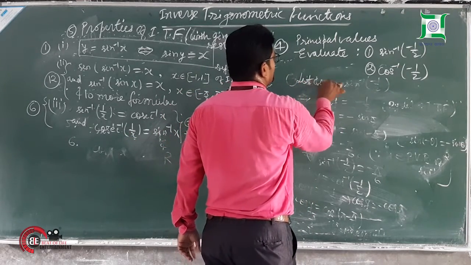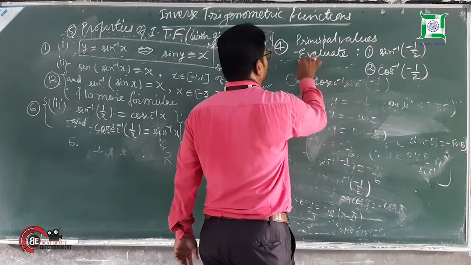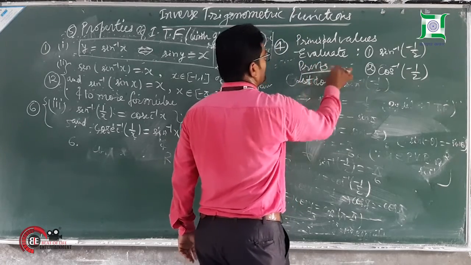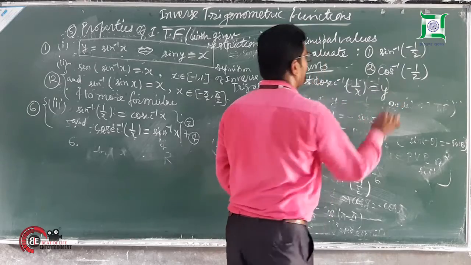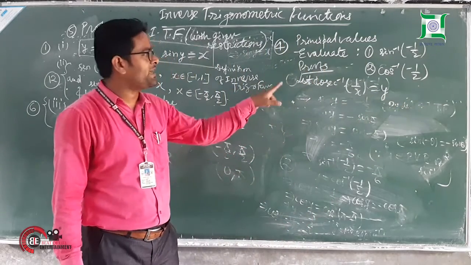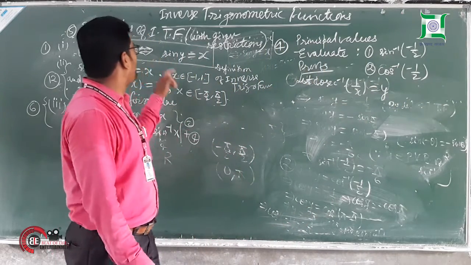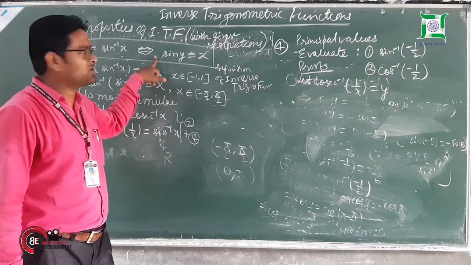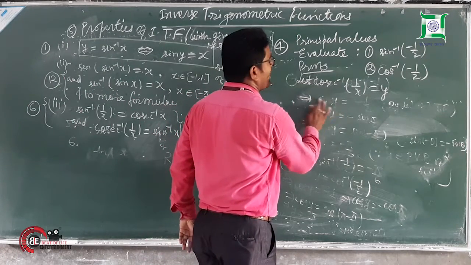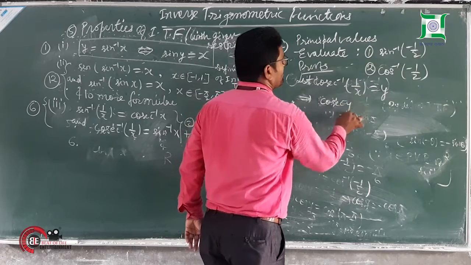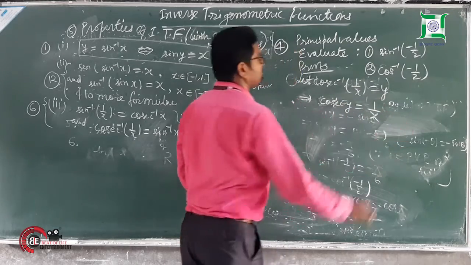Let cosec inverse 1 by x is equal to y. Now see, cosec inverse 1 by x is equal to y. Can I apply the first definition of inverse trigonometric function here? It will be cosec y is equal to 1 by x.